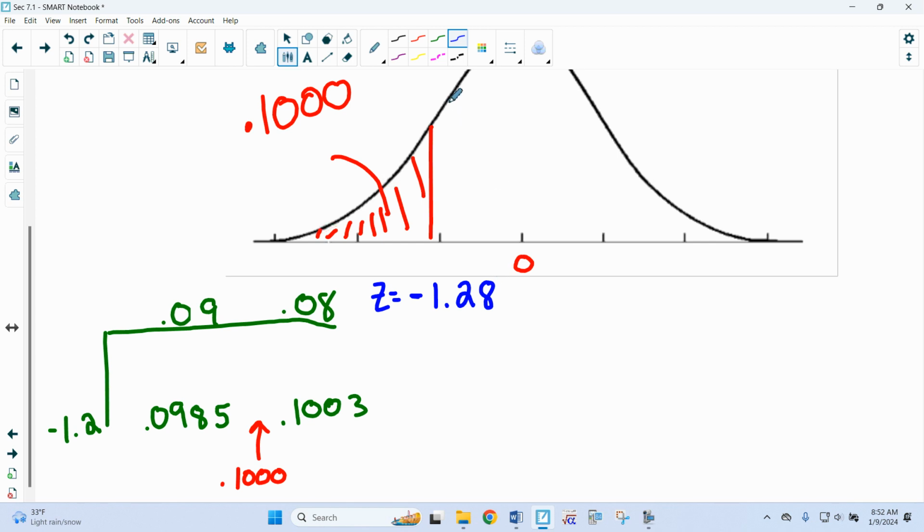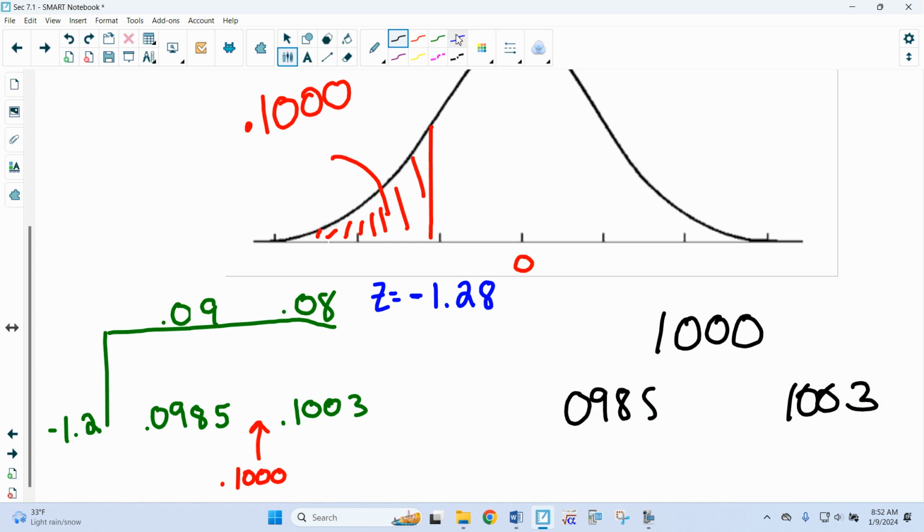One way I like to think about this, using my own terminology, is to ignore the decimals for a second and say I am looking for 1,000, and I have 2 numbers, 985 and 1,003.